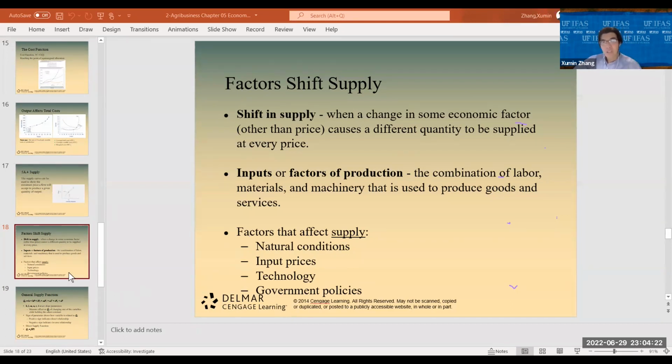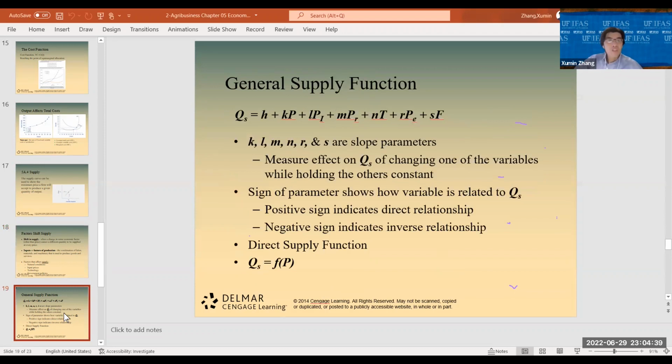There are factors for the supply. So don't be confused with the production function. One is for your individual production: you transform the resource to the output, to the Q. But this is more about the supply. This will be affected by other things, not the input, but the other market factors.